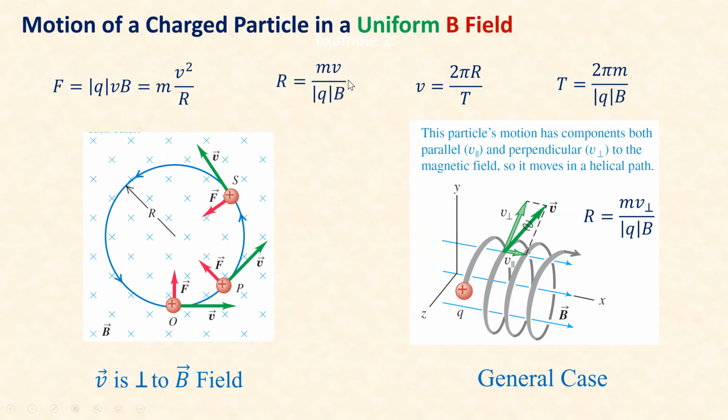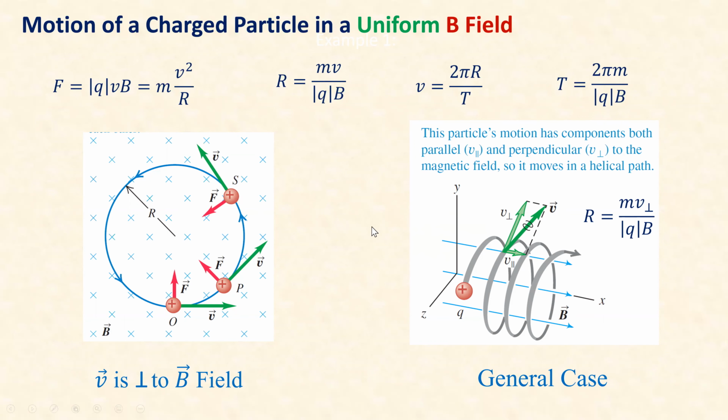So it goes on a circle with radius of mv divided by q times b. And you can also write v as 2 pi r over T, and then you can find the period of circular motion. It goes on a uniform circular motion if the velocity is perpendicular to the magnetic field to begin with.